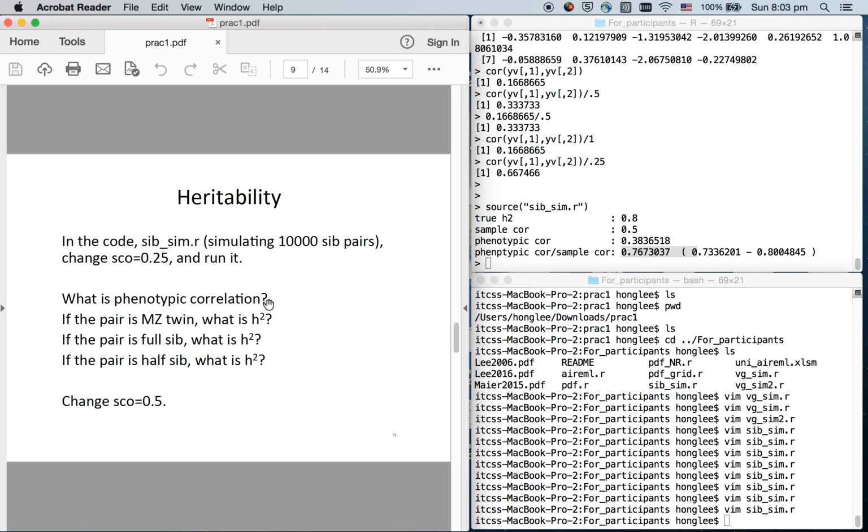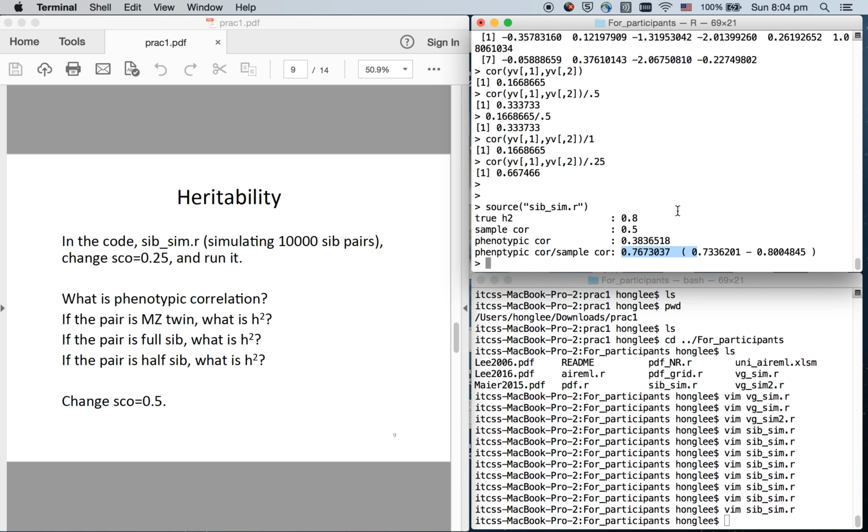Probably you can do it by yourself to see how they change, so you can get familiar with the design used, how you estimate, what the sample correlation is, what heritability is, and how you get it. Hopefully this approach makes sense.